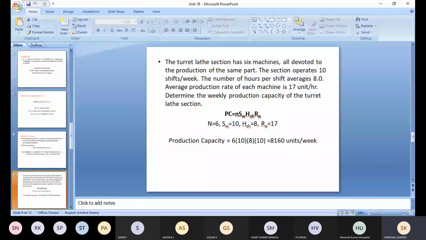Wherever it is possible, combine the operations so that the number of workstations can be reduced. Very simple example I had given in the beginning. In a lathe, I wanted to do a plane turning and threading. In one workstation, they are going to do only the plane turning and remove it and keep it over the next lathe, so that they can do the threading operation.